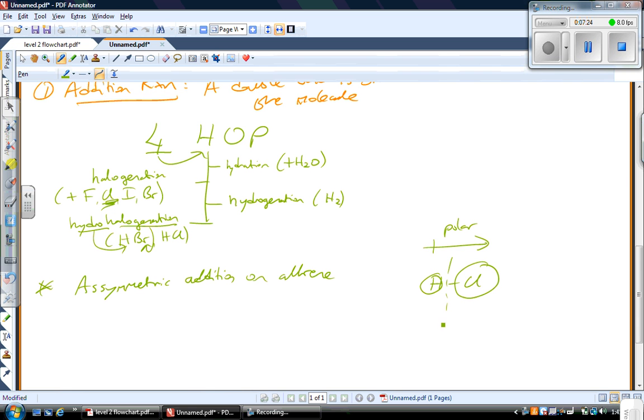So this is an asymmetric molecule. Another good example of an asymmetric molecule would be H2O. Again, H2O has polar bonds in it. The polar bonds don't cancel, so it's an asymmetric arrangement of the polar bonds, and therefore this molecule is polar. Also, in terms of visualization, water breaks down into H plus and OH minus ions.